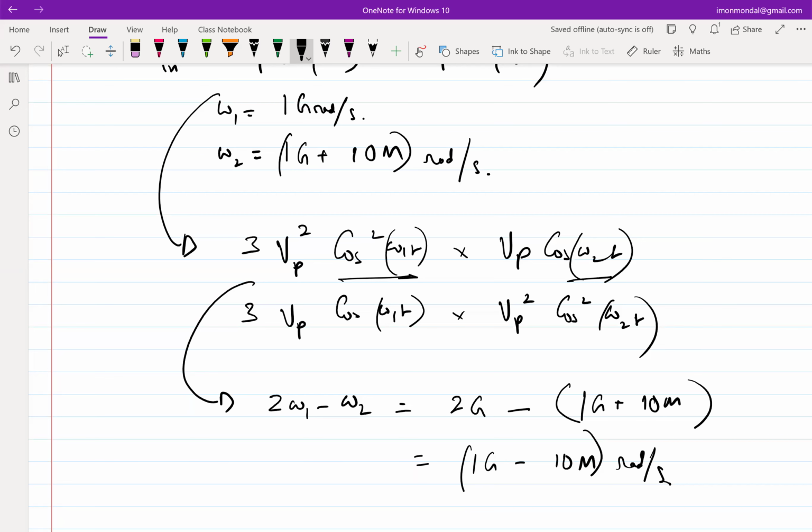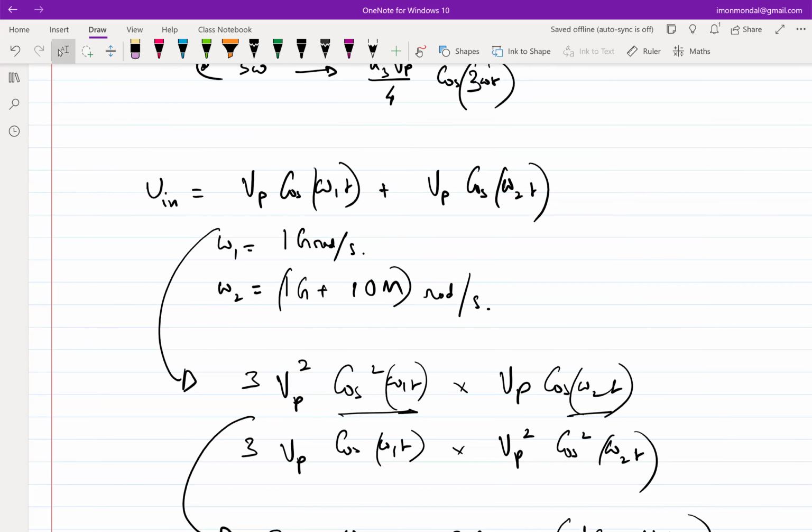So let's say you are sending two tones, one at omega 1, one at omega 2. Quite possible, right? I am sending two tones because even our voice components are not monotonous. So you'll have multiple tones when you are sending signals.